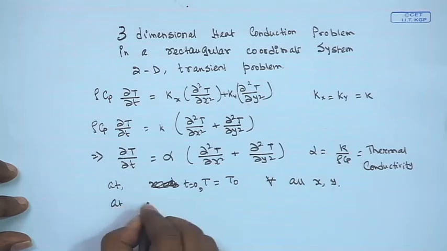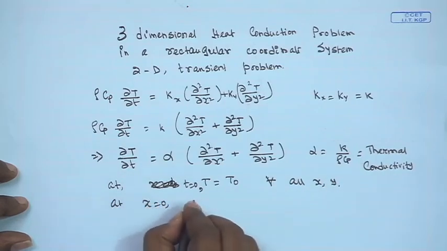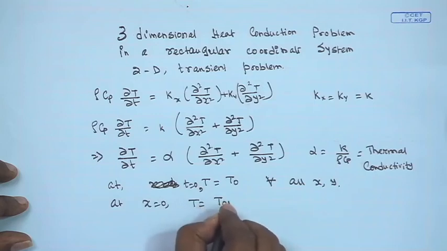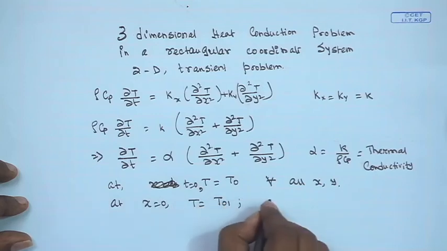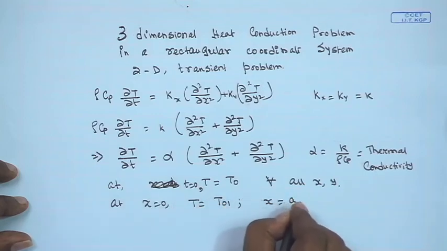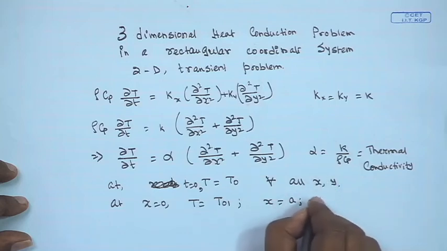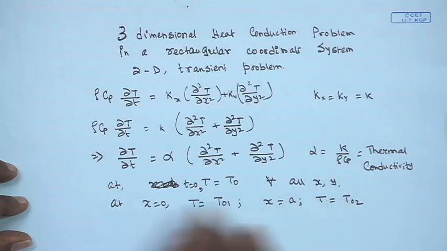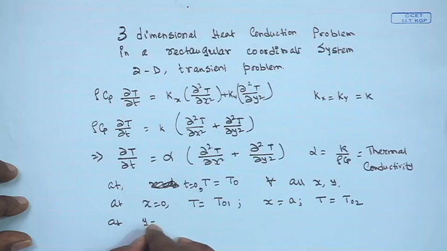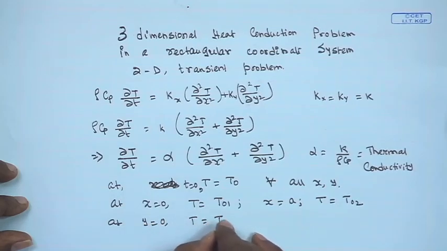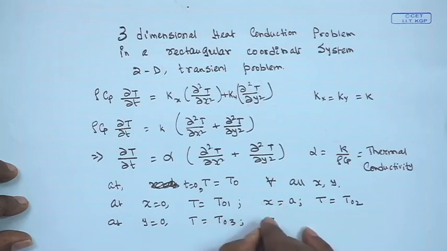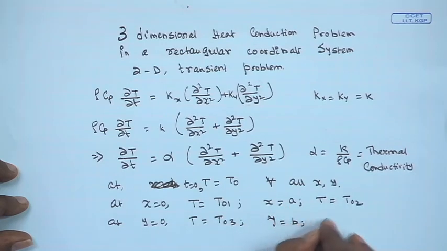Now, at x equal to 0, let us say T equals T01, at x equal to a, T equals T02, at y equal to 0, we have T equals T03, and at y equal to b, we have T equals T04.